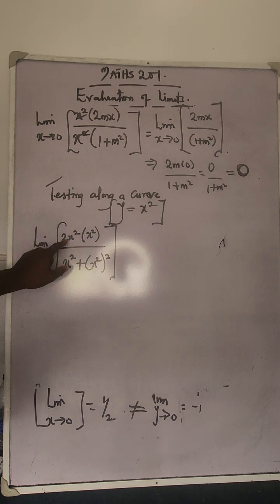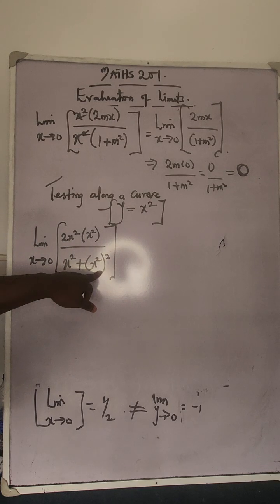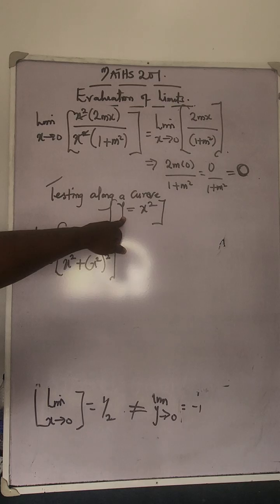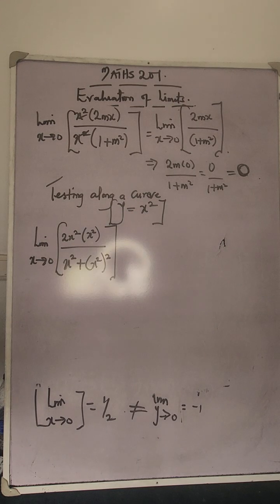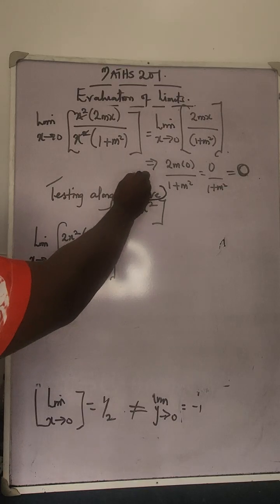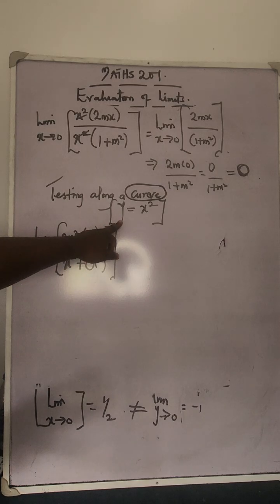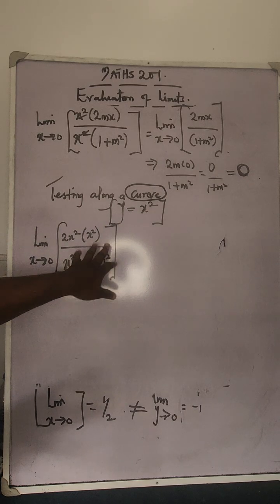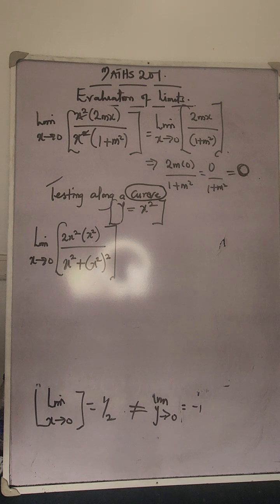Because y already is x squared, we are testing along a curve. So I replace y with x squared, and this is your result. Let us continue.